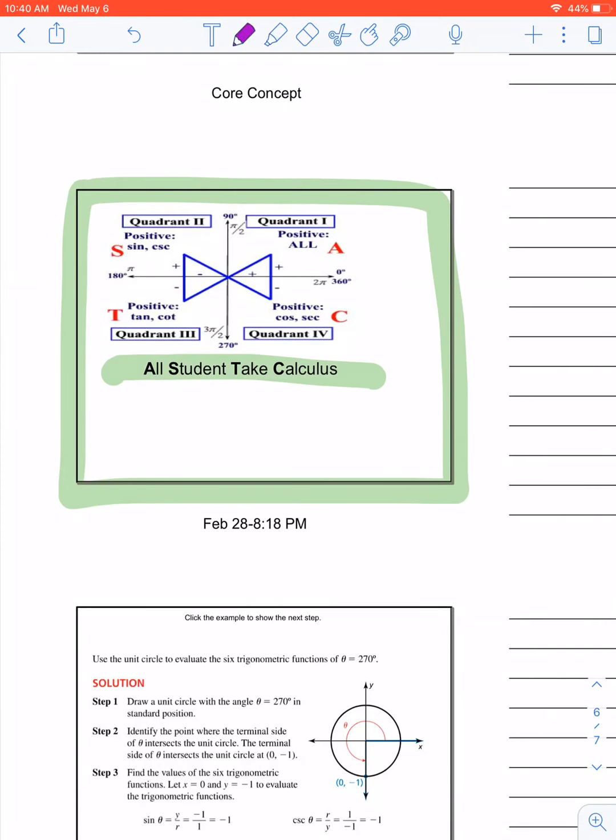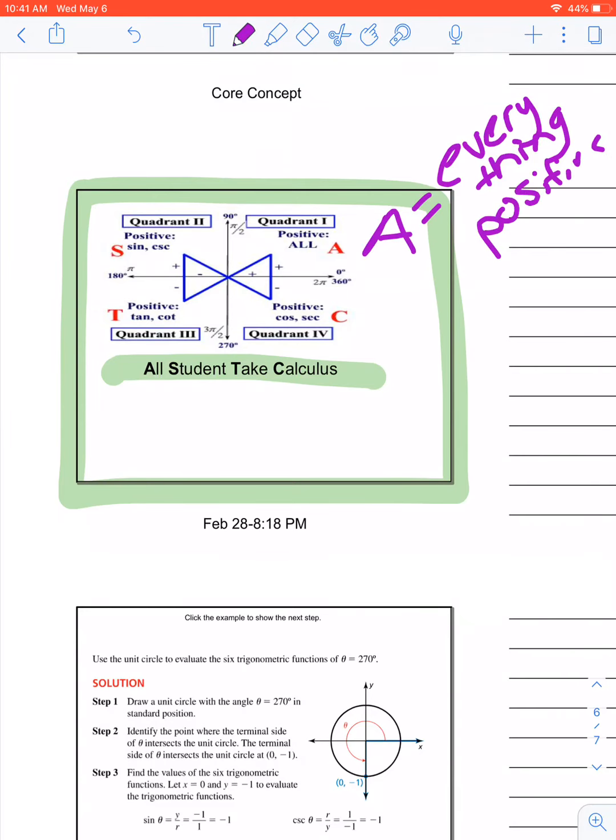So for the first quadrant, A, all, everything is positive. Students, so S, so sine and cosecant are positive, and everything else is negative.